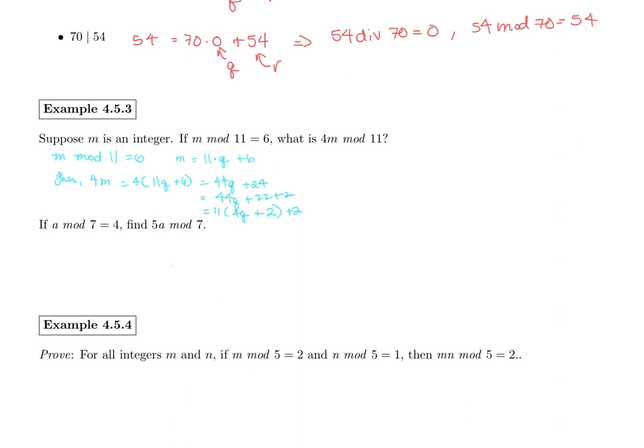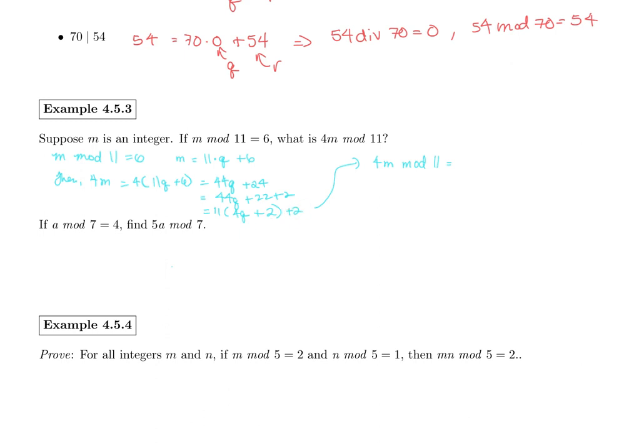So 4m mod 11 is what's left over, because this is my new integer q, and this is my remainder, which is just 2.